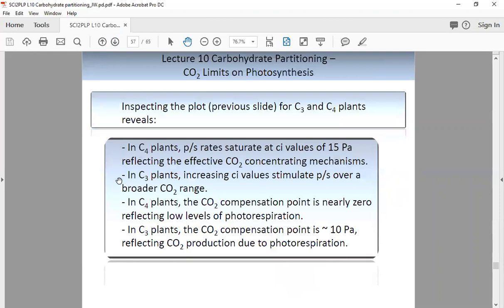In C3 plants, increasing values stimulate photosynthesis over a broader range. In C4 plants, the CO2 compensation point is nearly 0, reflecting low levels of photorespiration. And in C3 plants, the CO2 compensation point is about 10 pascals, reflecting CO2 production or loss due to photorespiration.